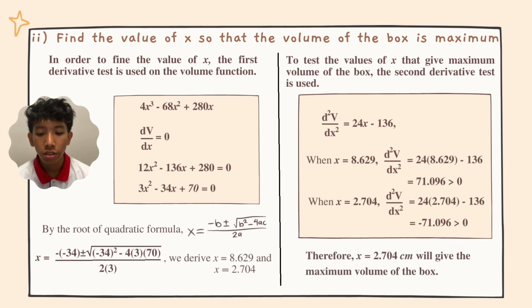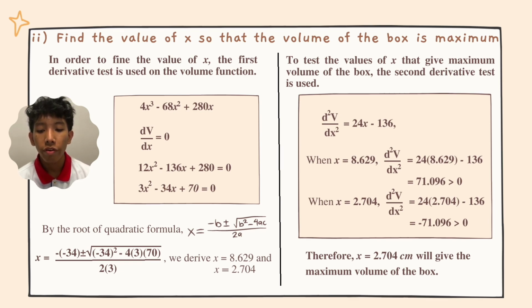Next, for the second question, we need to find the value of x so that the volume of the box is maximum. In order to find the x value, we can use the first derivative test on the volume function. Firstly, we let dV/dx equal to 0. Then we differentiate the volume of the box to get 12x squared minus 136x plus 280 equals 0. From this equation, use the quadratic formula to get the values of x.